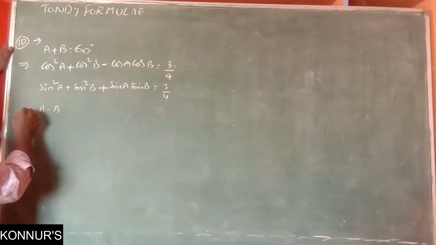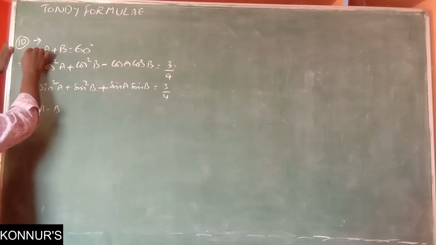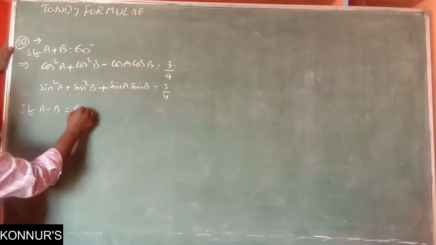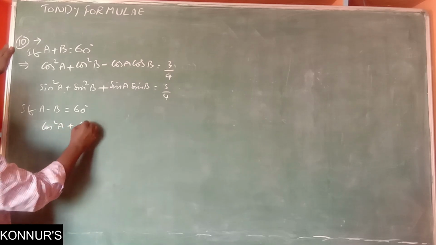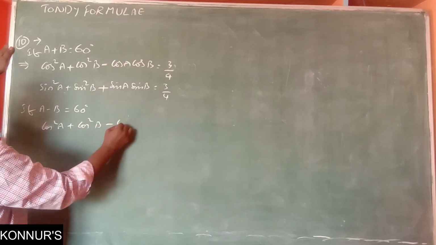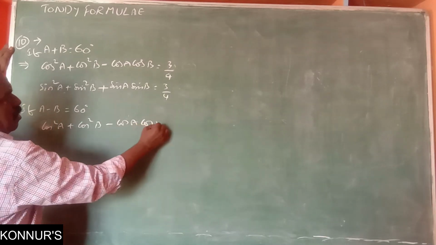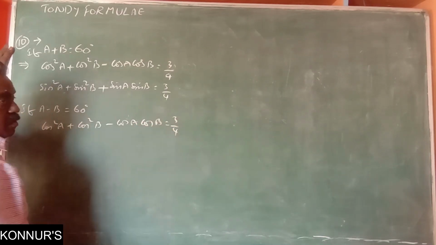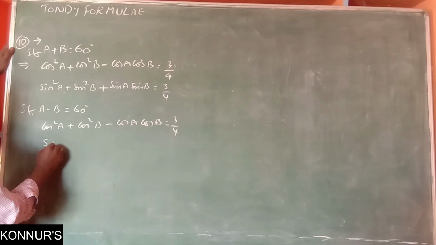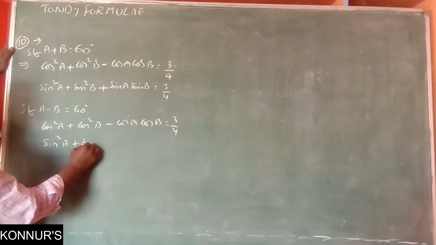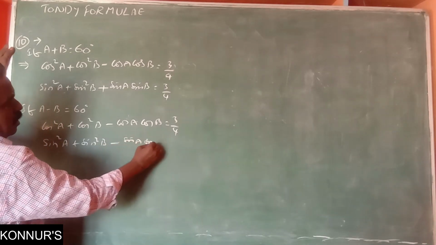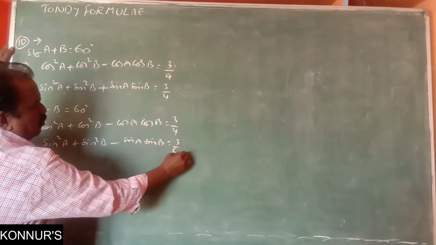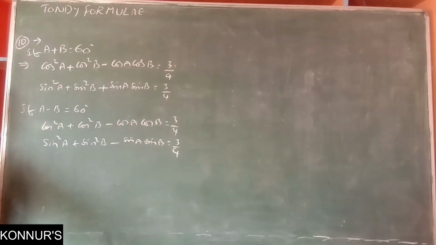Related with this one, if A minus B is 60 degrees, then cos square A plus cos square B minus cos A cos B is 3 by 4, whereas sin square A plus sin square B minus sin A sin B is 3 by 4. So the answer is 3 by 4.